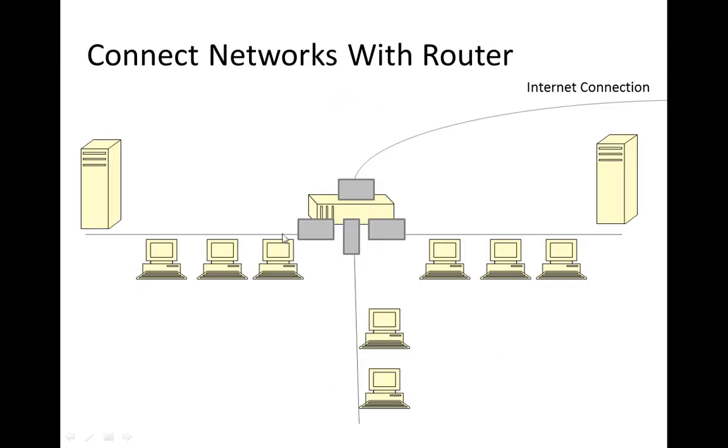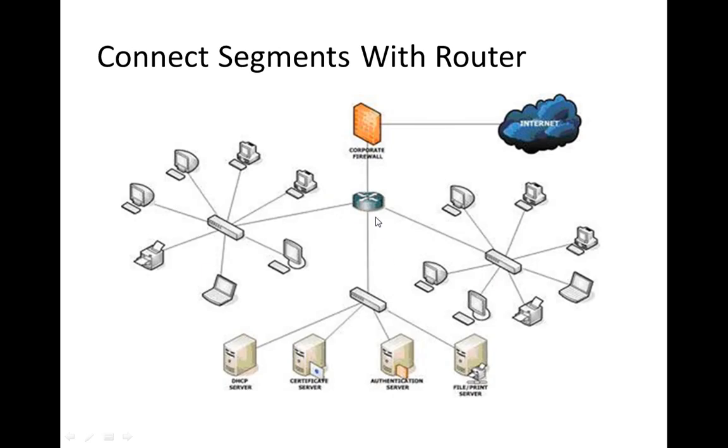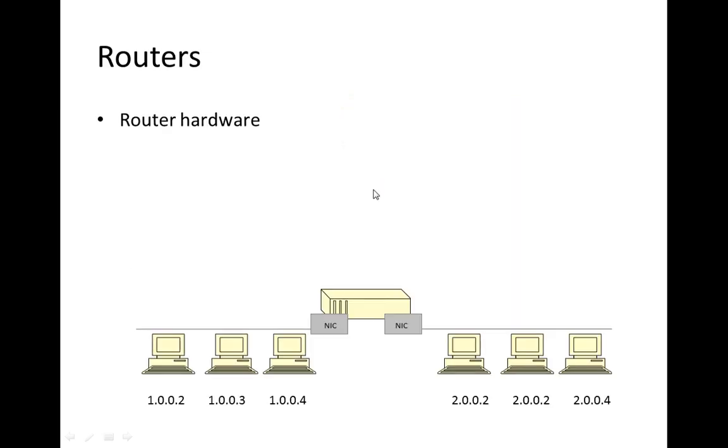So the router could connect bus networks, it could connect star networks. That's not the point. The purpose of a router is to connect local area networks to local area networks and everybody to the internet. A router is a microcomputer with two network interface cards in it.